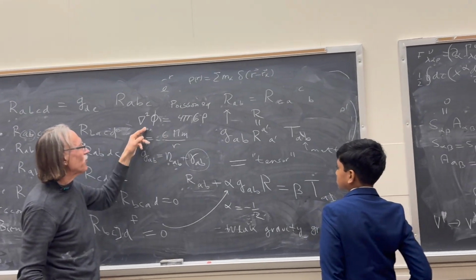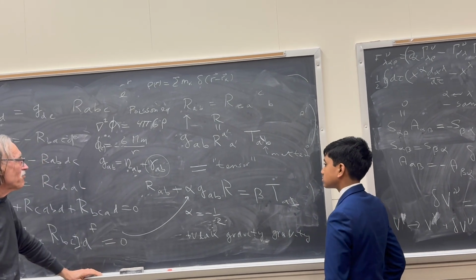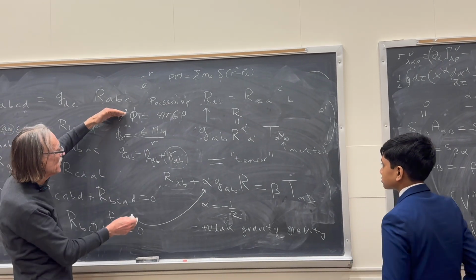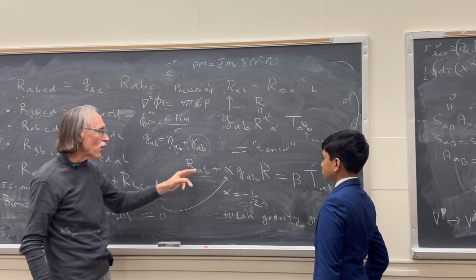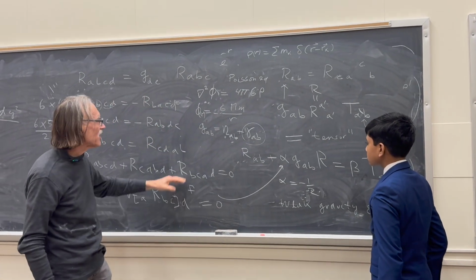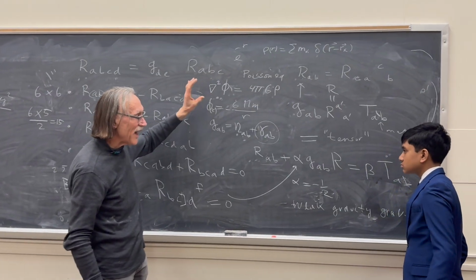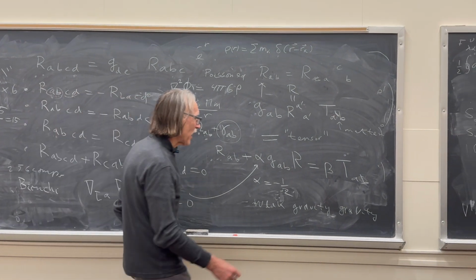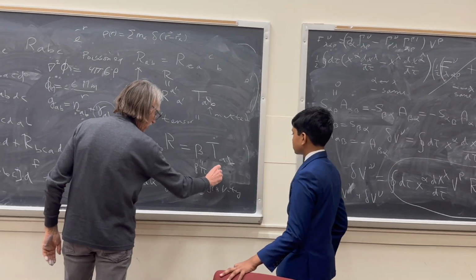If you solve this equation, you find that this is the solution. And you can reduce this equation to this equation. You can kind of see it because these are all second derivatives, and we can simplify it so that it only has these derivatives. And then you find that this is equal to 8 pi g.